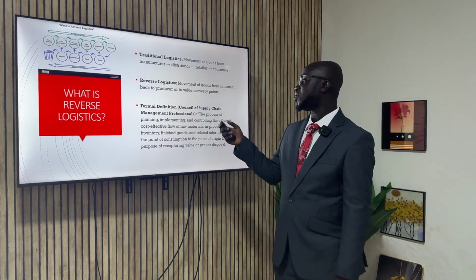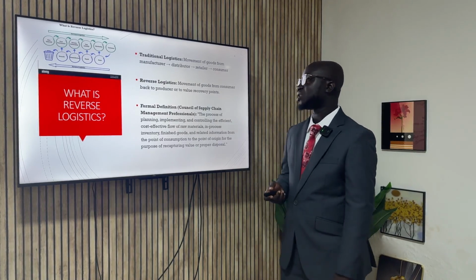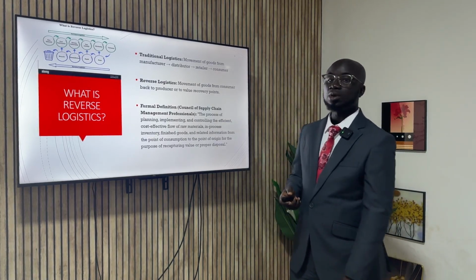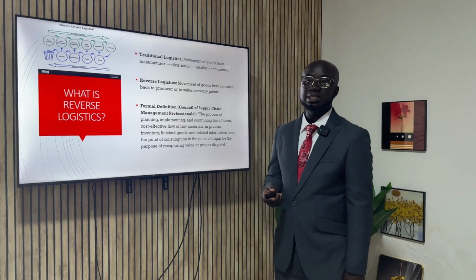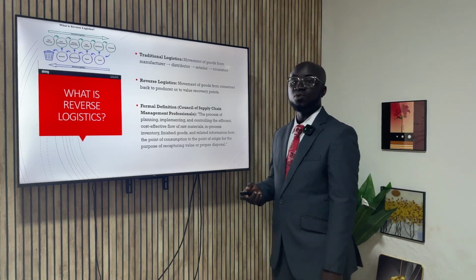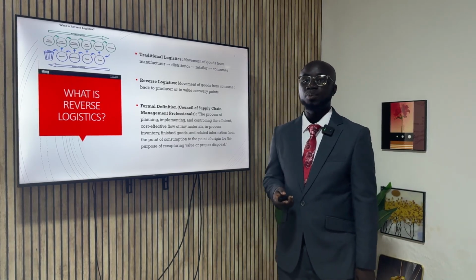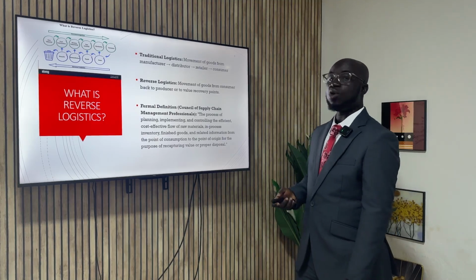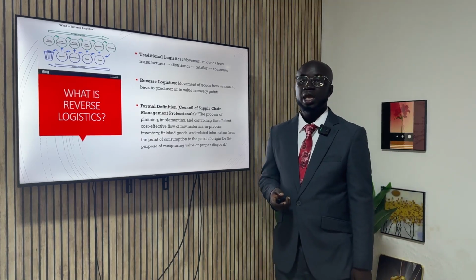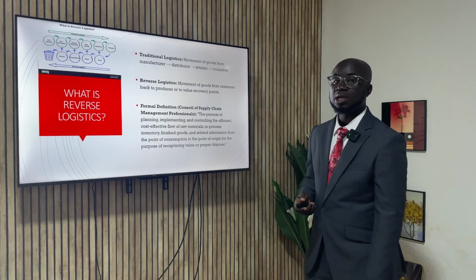But if you look at reverse logistics, we are looking at a journey backward. Reverse logistics is the process of moving product from the point of consumption back to the point of origin. The goal is to recapture value and ensure proper disposal.